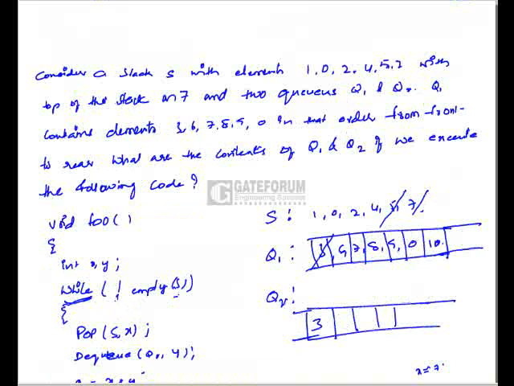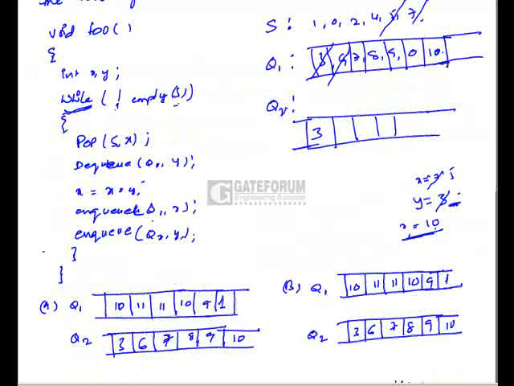So again, 5 is popped and stored in x, and from Q1 we delete one element, which is 6, and it is stored in y. Now we add these two, we get 11, and this 11 is inserted into Q1, and we insert y, which is 6, into Q2.